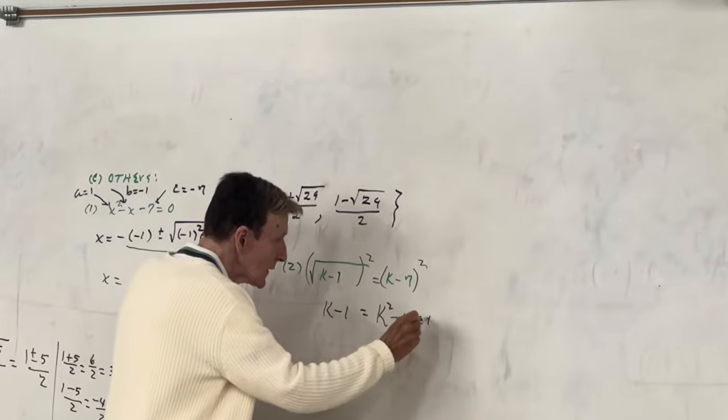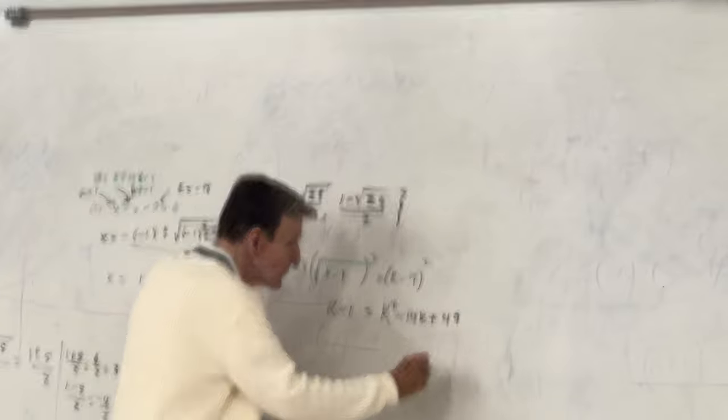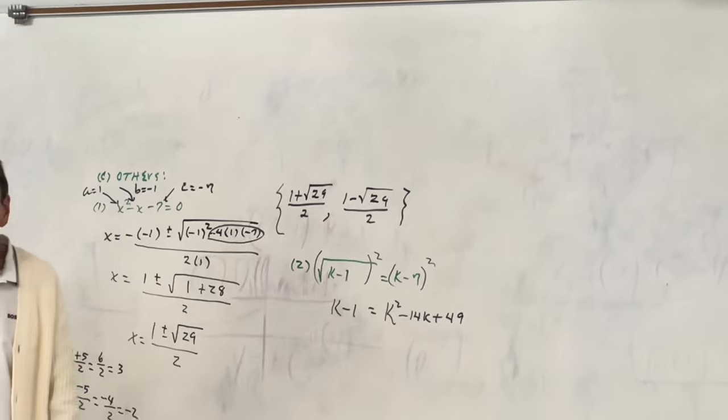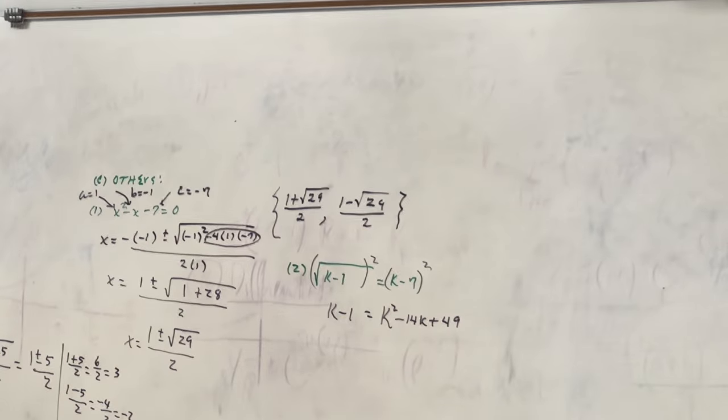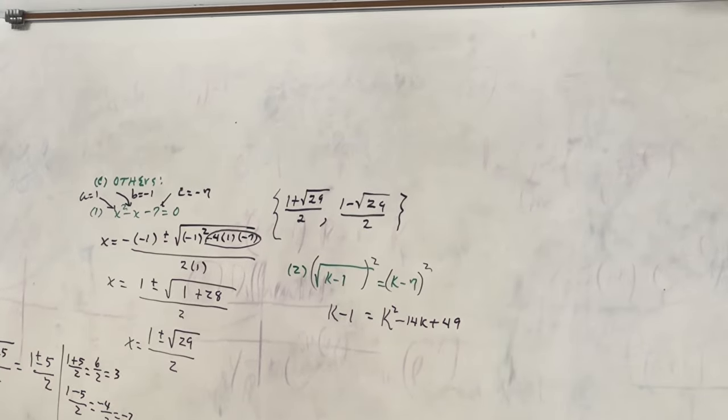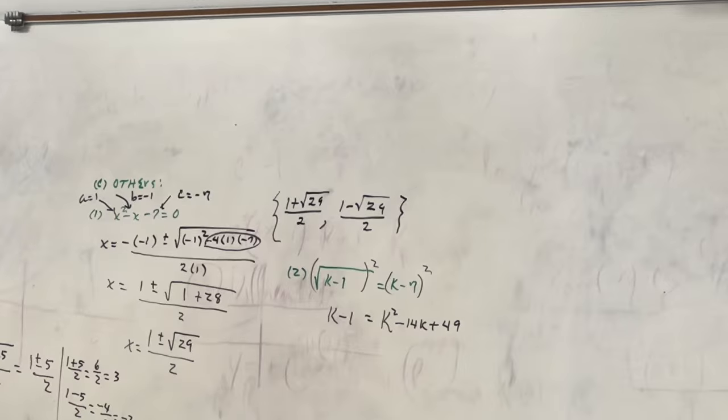Thank you. Minus 14k. And? Plus 49. Thank you. Now, what has that turned into? What type of equation now is it? Quadratic. Now I'm back into factoring, quadratic formula, takes me right back.